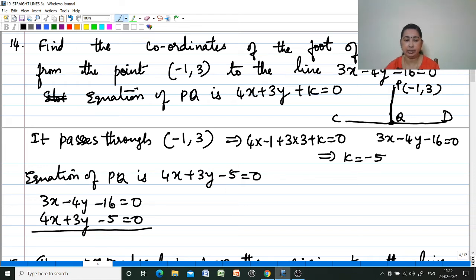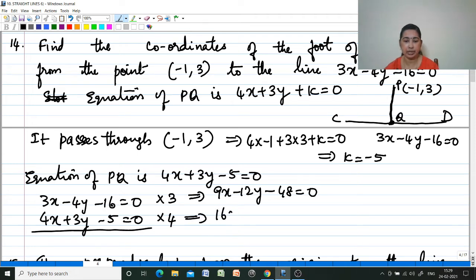We can make the coefficients of y the same by multiplying here by 3 and here by 4, so that the equations become 9x minus 12y minus 48 equal to 0, and 16x plus 12y minus 20 equal to 0.